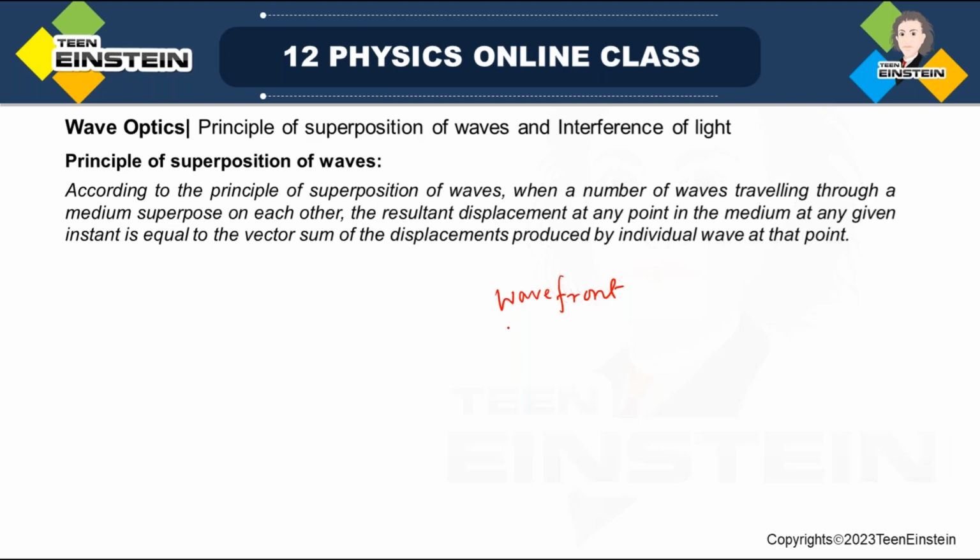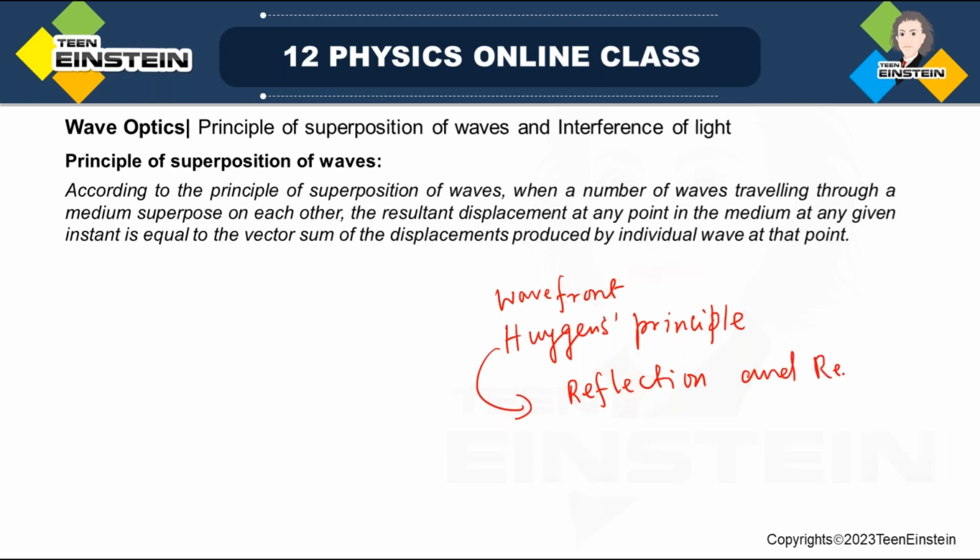Then so far we have learned Huygens' principle, and we have applied Huygens' principle, or Huygens' construction, to explain the phenomena of reflection and refraction of light. Even dispersion can be explained with this construction. Okay, so these are the things we have already learned.